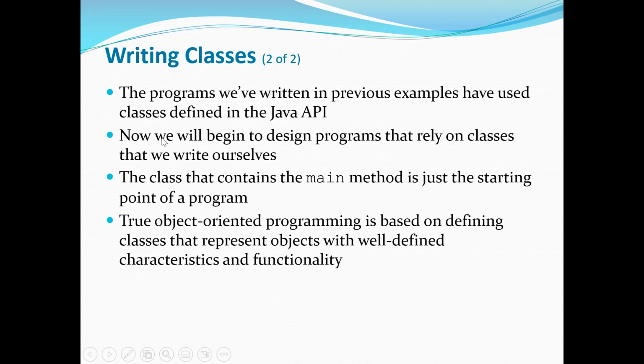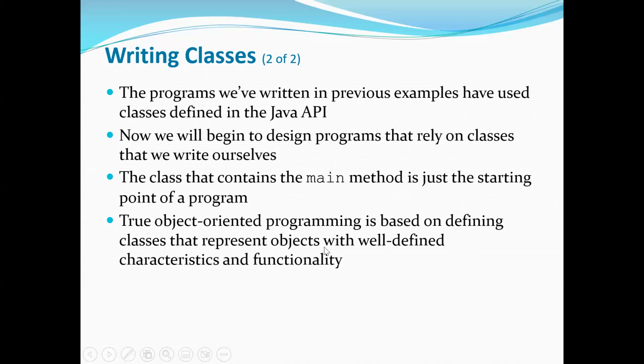Now we are going to learn how to design our own programs, and these programs will be relying on classes. So we're going to learn again how to write and define classes, and also how to use classes. The class that contains the main method is just the starting point of a program, and that's the main class.